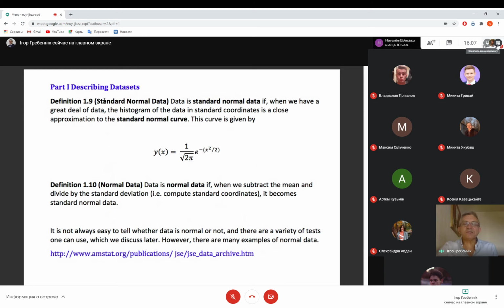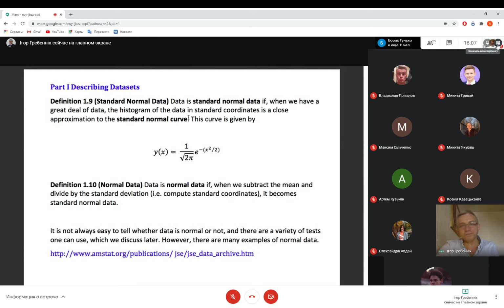And this standard normal curve is described by this formula. This expression is, I repeat, very important and very applicable in theory of probabilities, in different applications which deal with the normal curve, normal distribution, with normalized data, and so on.